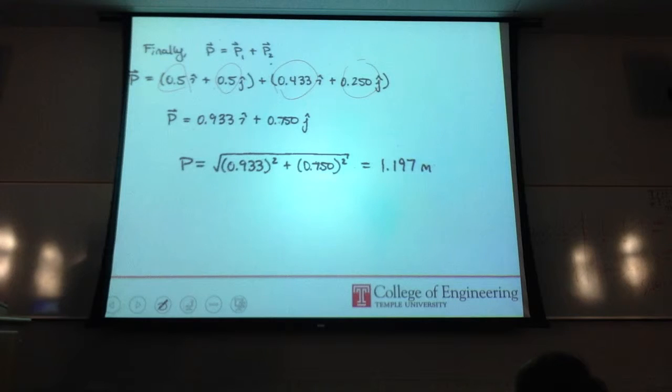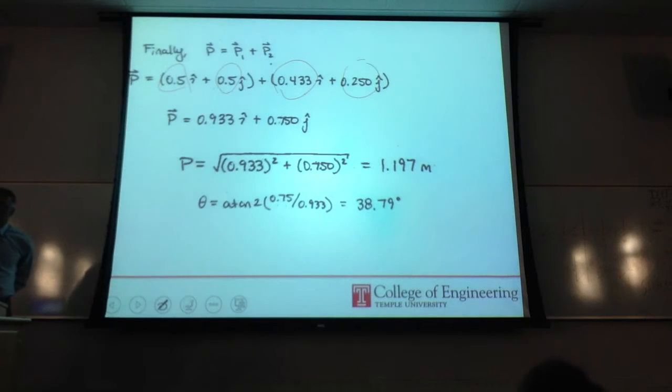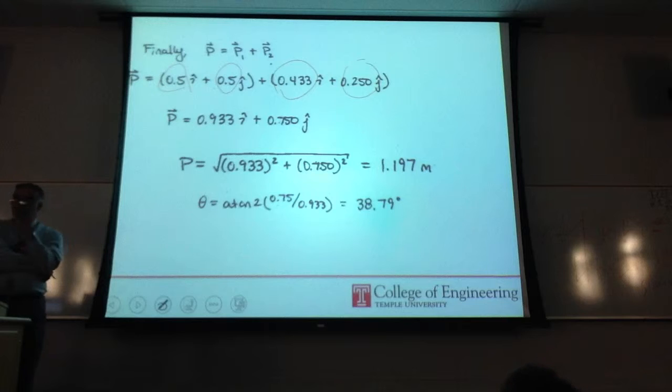Arctan, yes. Arctan2, as I said, because arctan2 takes into consideration the quadrants. And that's the angle. So now we have the length of the vector, and we also have the angle that it makes with the positive x direction.